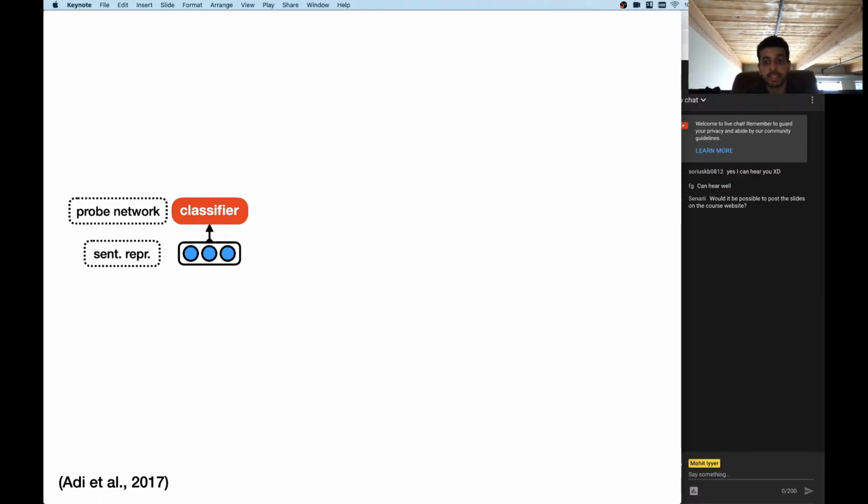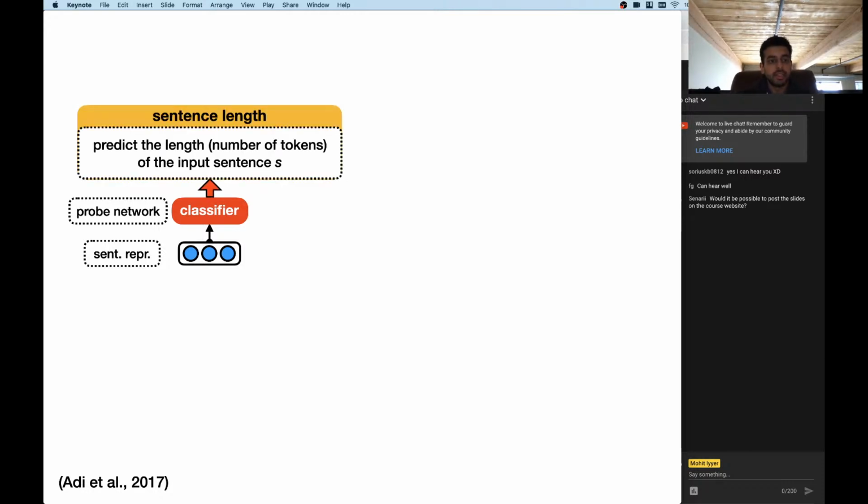This could simply be a linear layer over the final layer CLS token representation, followed by a softmax. This probe network's parameters would just consist of a single matrix, so it would be pretty small. And we can make this classifier do a number of things.